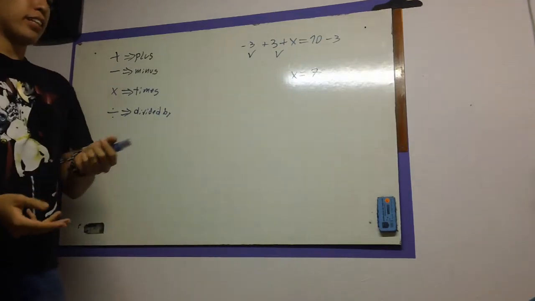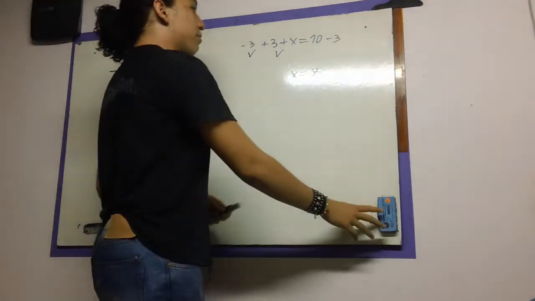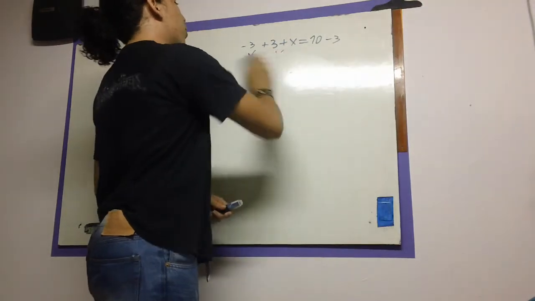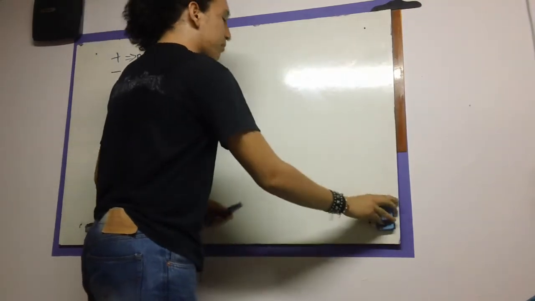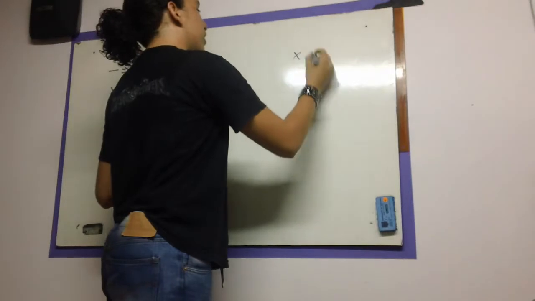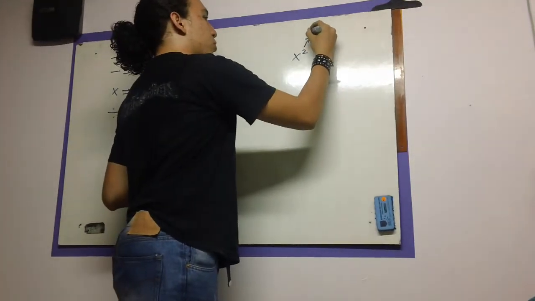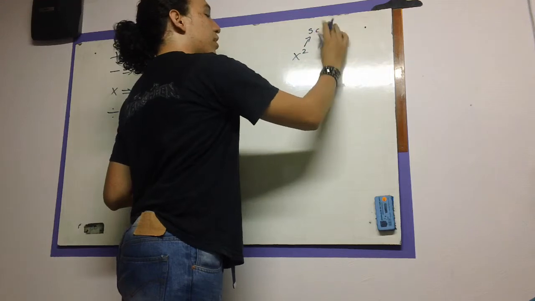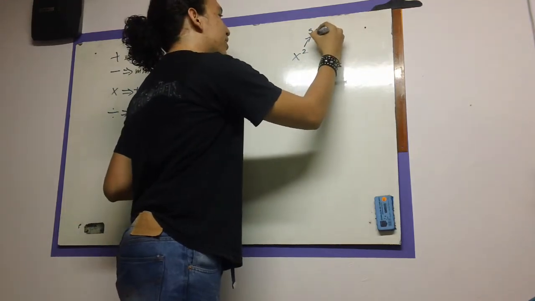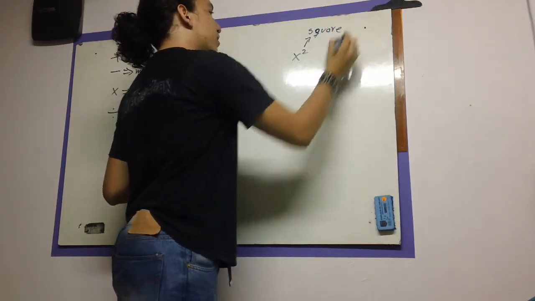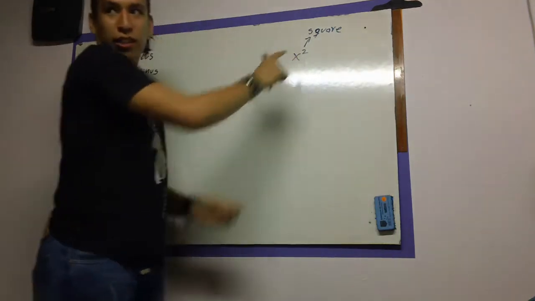It doesn't matter if you have a different thing. For example, let's say x square. That's the way they say.